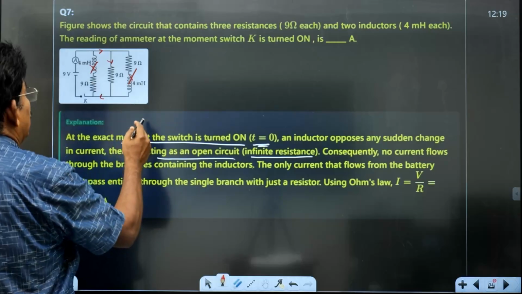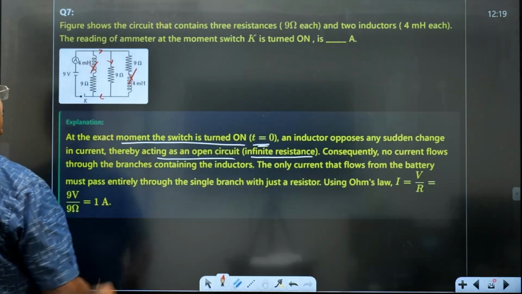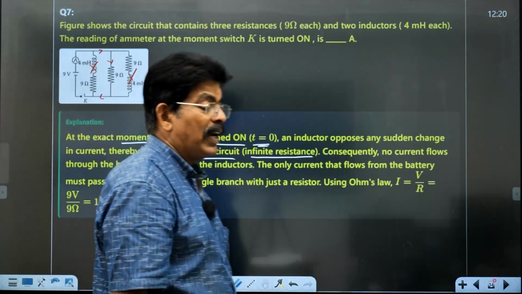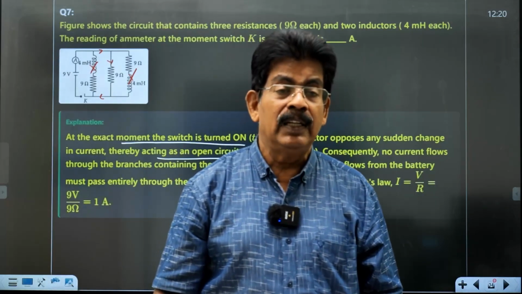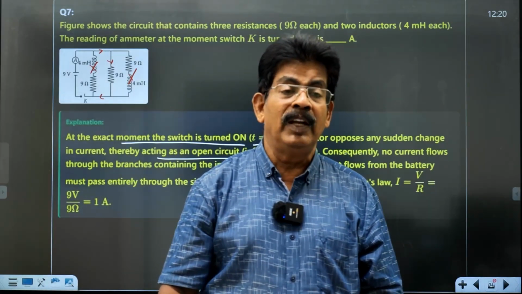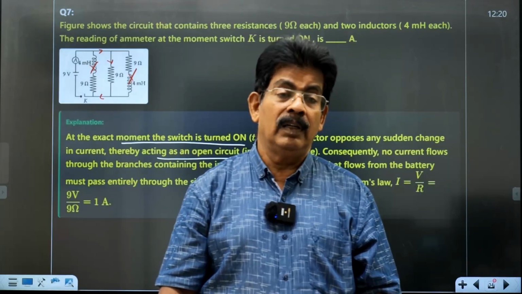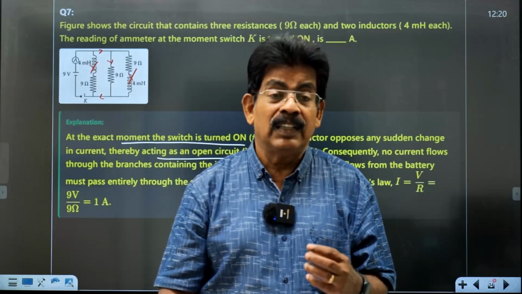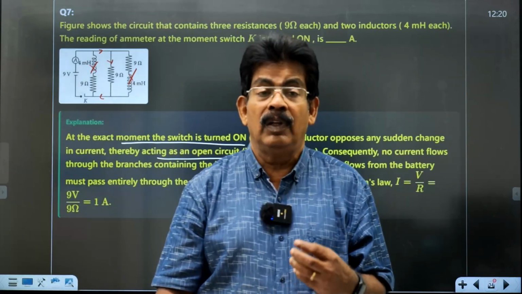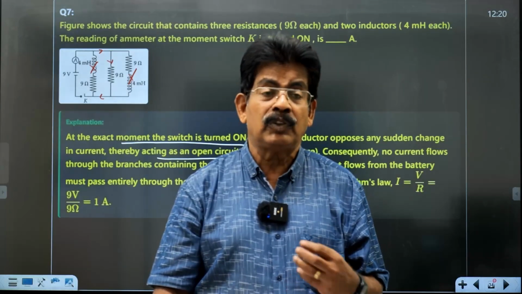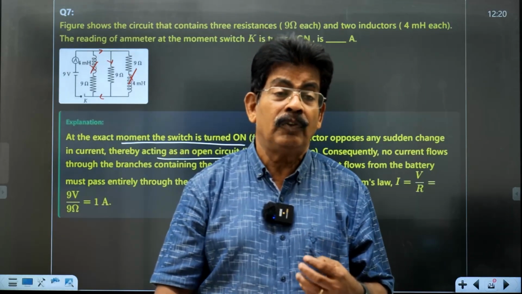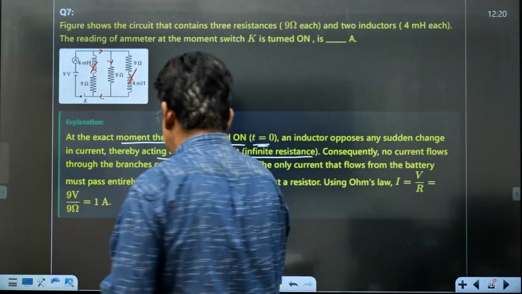It will conduct current like a conductor. So we will be getting 3 resistances in parallel: 9 ohm, 9 ohm, 9 ohm. Effective will be 3 ohms. Then current will be 3 ampere, if it is asked after a long time. But here it is asked just after switching on. Inductors will offer infinite resistance. Okay, answer is 1 ampere.